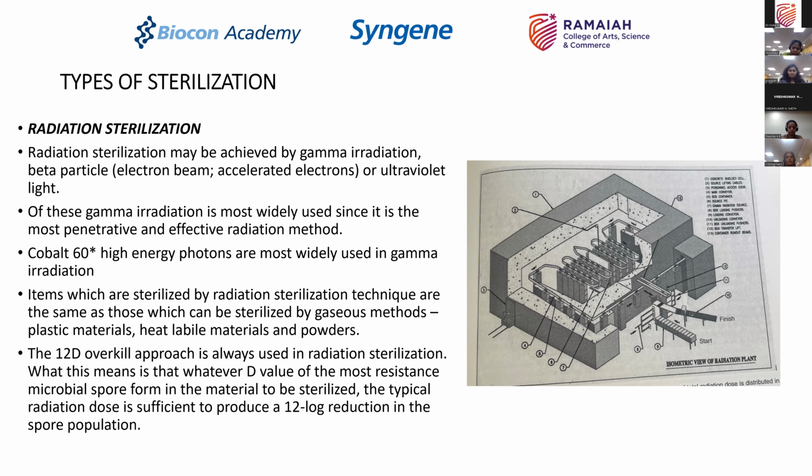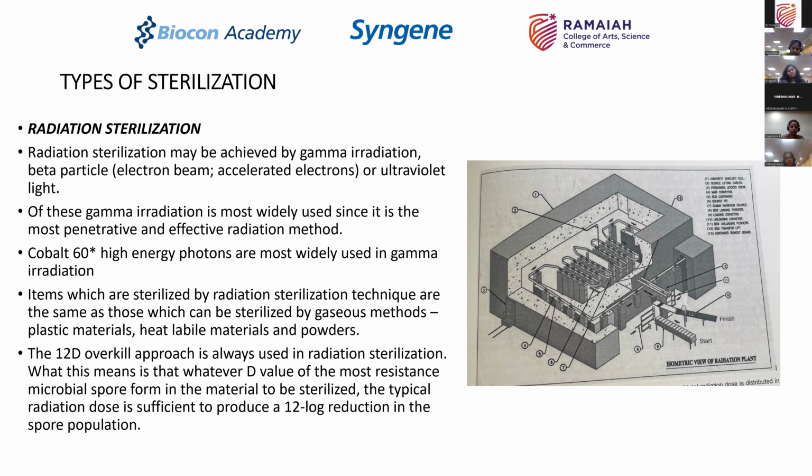So anything which is heat labile, which cannot withstand steam penetration, or can get affected by the gaseous method, because sometimes the compound reacts with the gases, gamma irradiation is used. We go with a 12 log reduction in spore population.